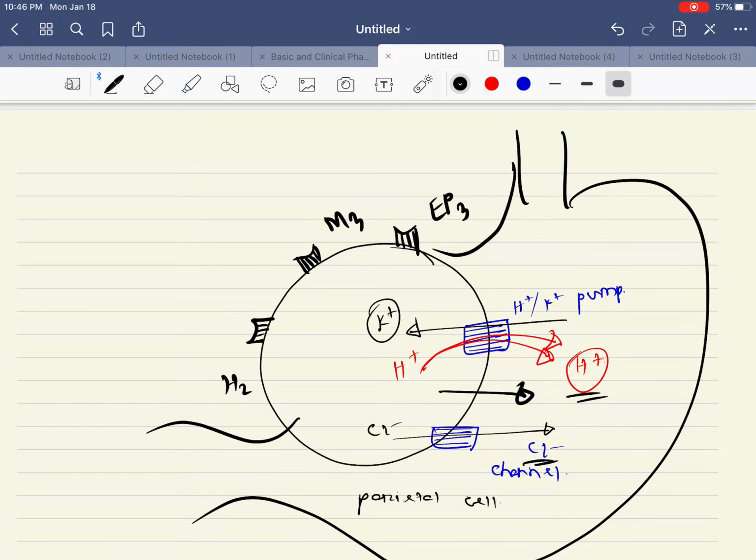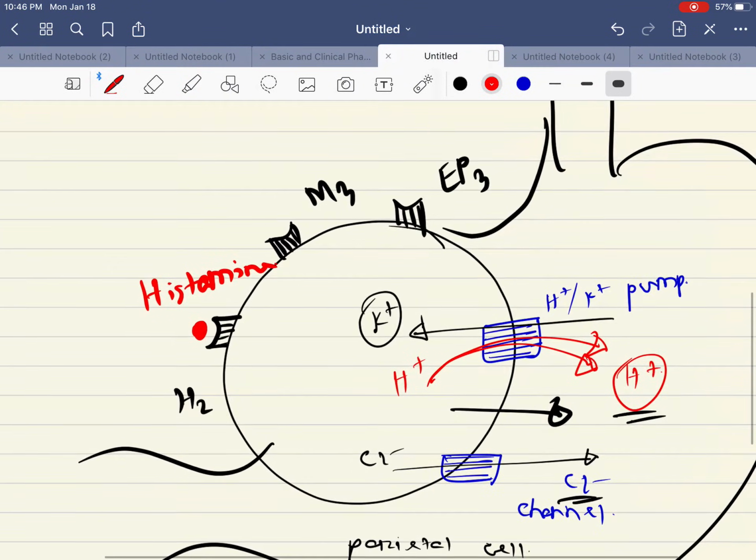If the histamine produced from the enterochromaffin-like cell binds with this histamine receptor, it will activate the intracellular signaling.